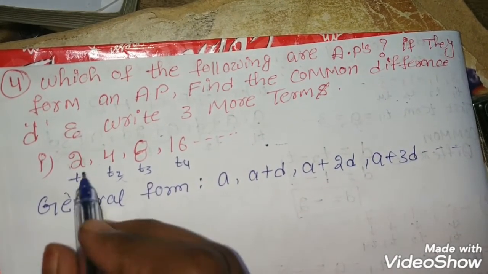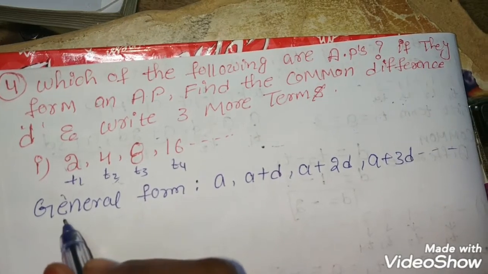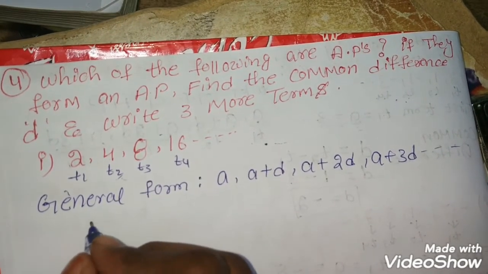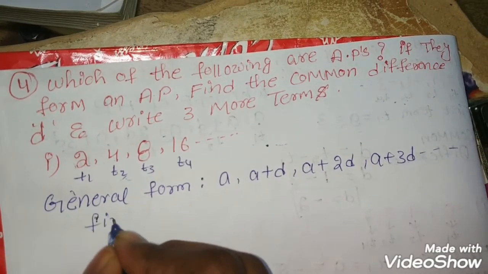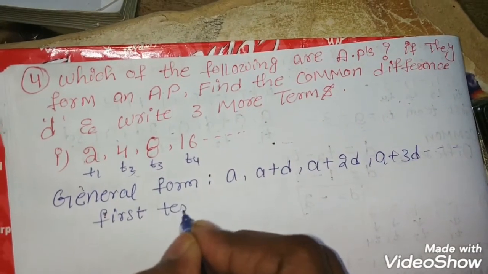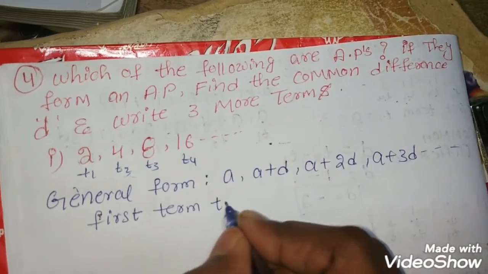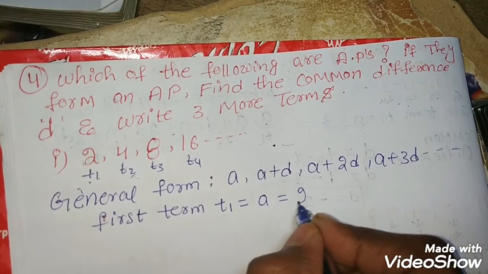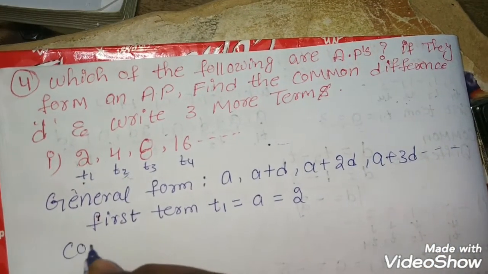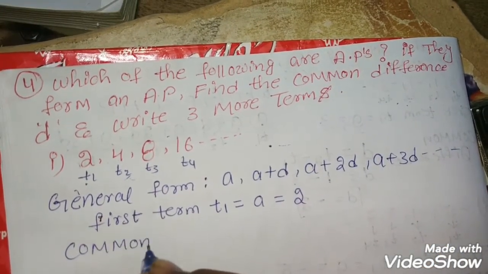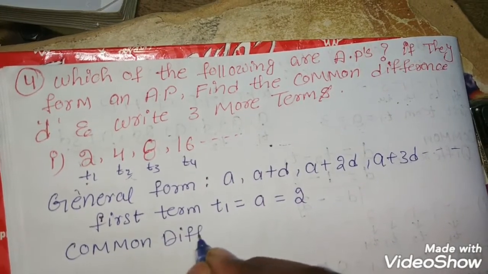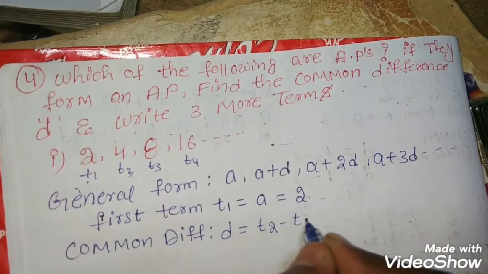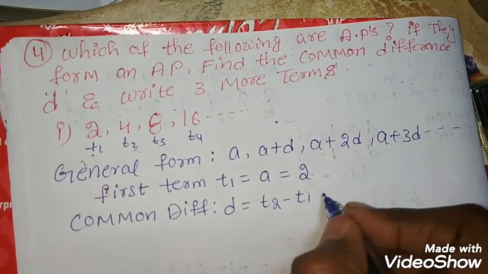We need to check whether this is an arithmetic progression or not. Okay. What is the first term here? First term T1, we can call this A, is equal to 2. Okay. Need to check the common difference. D is equal to T2 minus T1, right? Is this formula correct?